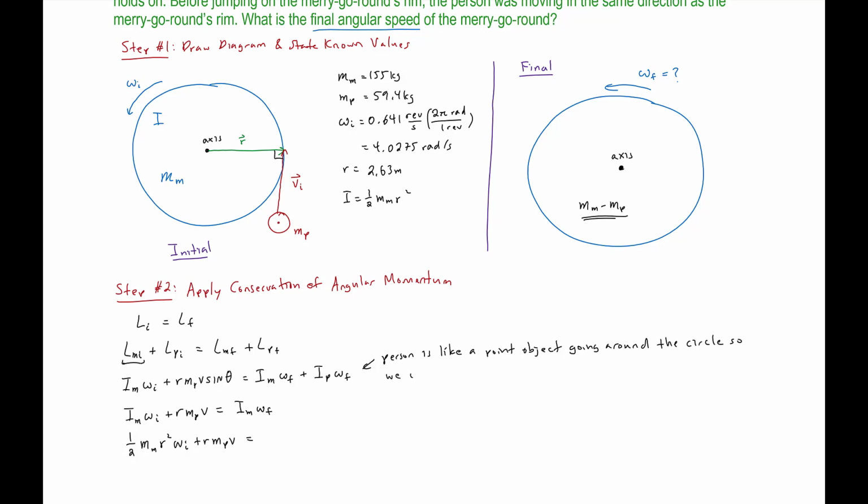So we're going to use I is equal to m r squared. So this is going to be m_p r squared omega_f. This means we can replace I_m with 1/2 m_m r squared omega_f plus m_p r squared omega_f.